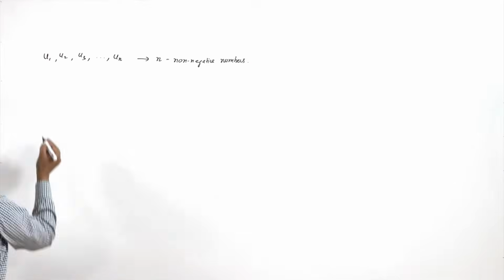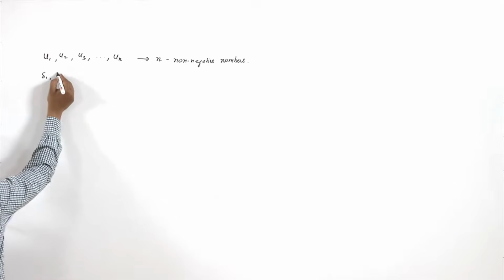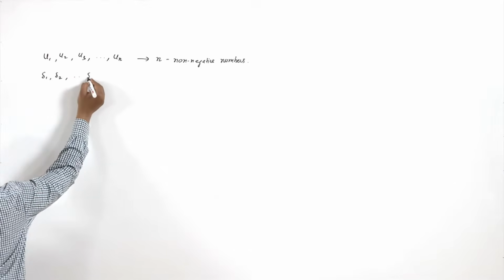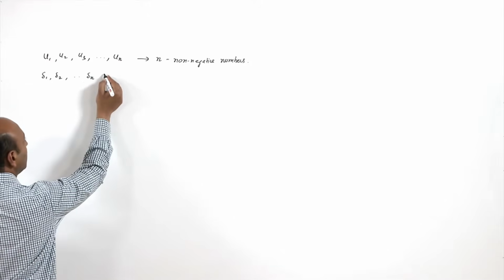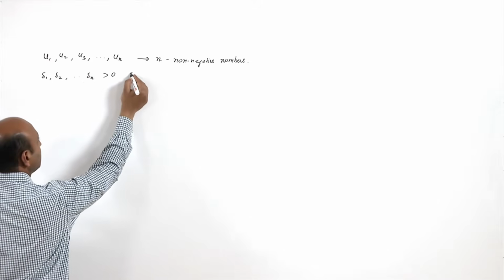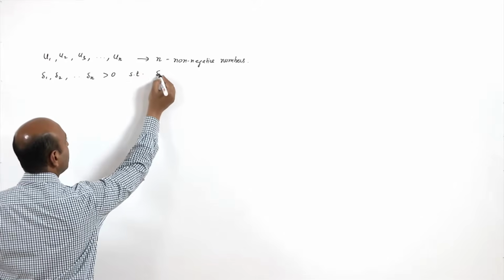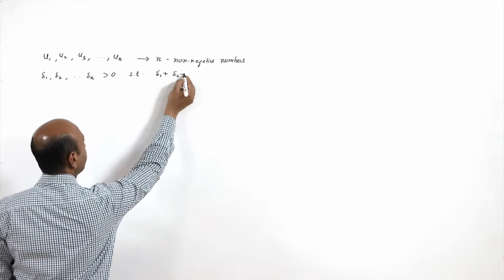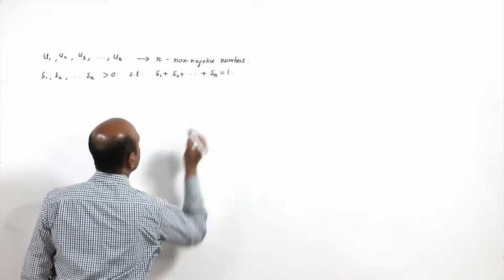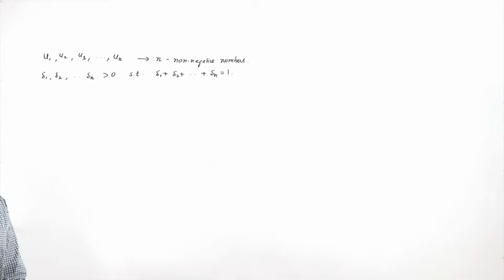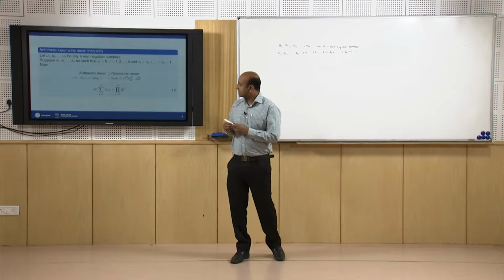Now suppose we have delta 1, delta 2 up to delta n, strictly greater than 0, such that the sum of the deltas is 1, as we have already discussed in this slide.